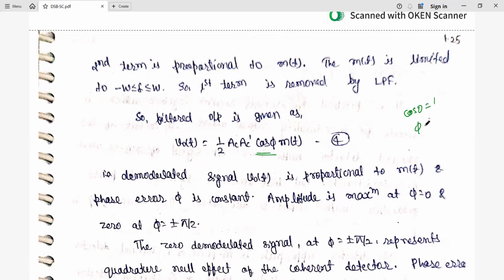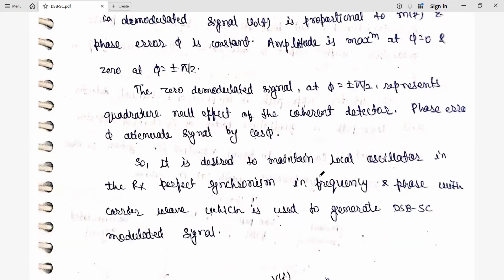So when phi is equal to 0, it will have maximum amplitude, and when phi becomes plus or minus pi by 2, cos pi by 2 is 0, so that time its value becomes 0. This zero demodulated signal represents the quadrature null effect of the coherent detector. Maybe a question will come about what the quadrature null effect is. It is when phi becomes plus or minus pi by 2, and this phase error cos phi attenuates the signal.